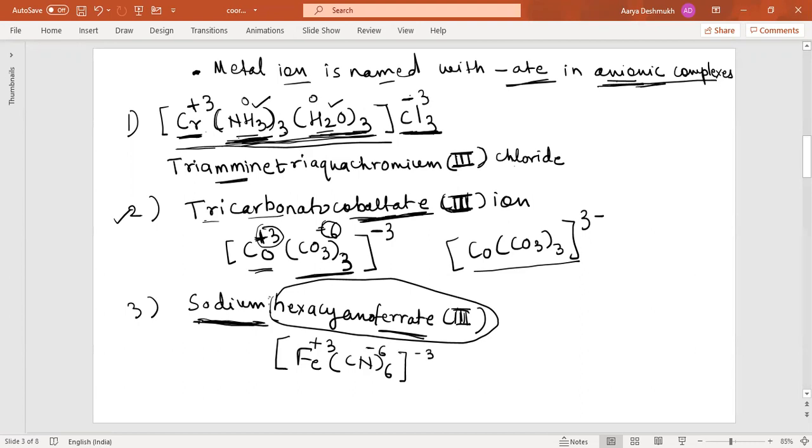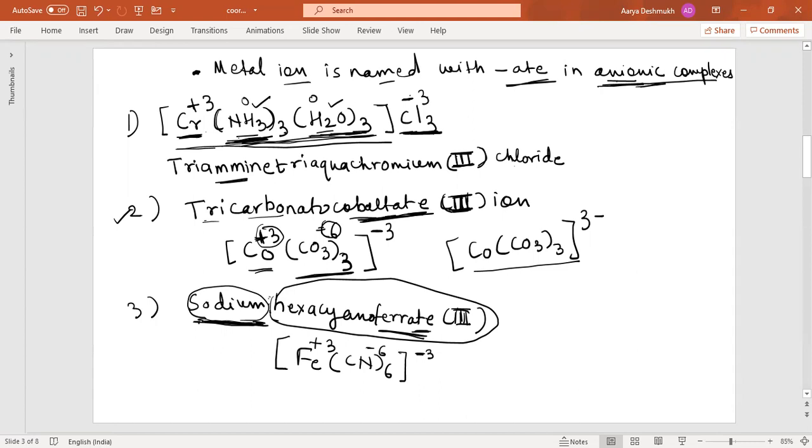Now how many sodium? Remember, this sodium, as I told, is outside the coordination sphere. I am talking about this. So this is -3. How many sodium should be there to balance this -3 charge? Because this is an anionic complex, that is why it ends with -ate, that is ferrate.